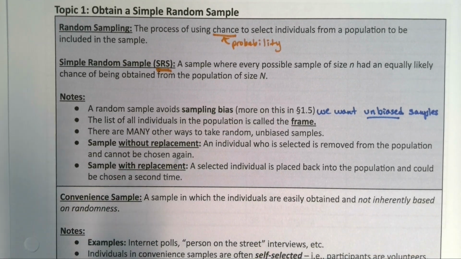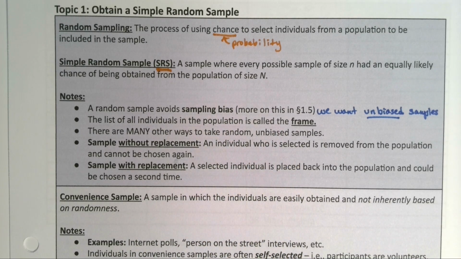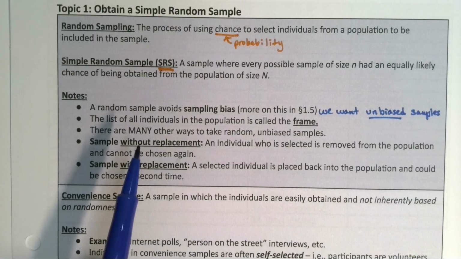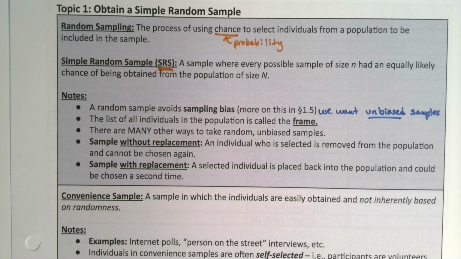There are many, many ways to take random unbiased samples. So we're just going to look at a few of them. In this particular section, we're going to look at the most basic one, which is a simple random sample. Also keep in mind you can sample without replacement. Sampling without replacement is when an individual selected is removed and then cannot be chosen again.